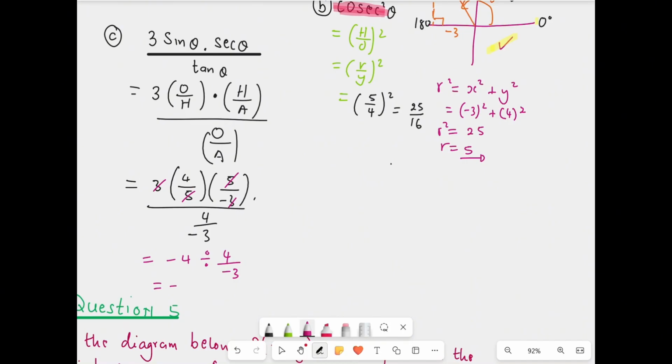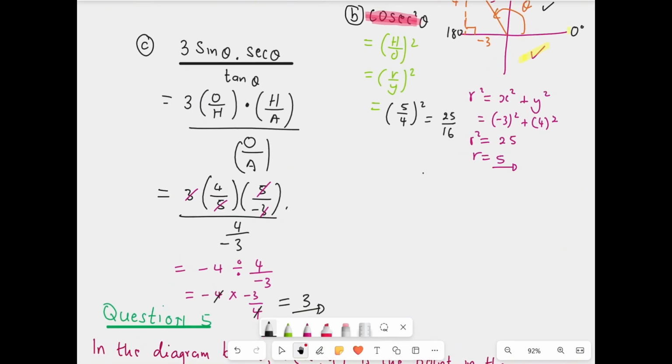So this is equal to -4 times -3 over 4. Now you can see that 4 and 4 will divide, and then -1 multiplied by -3. So the answer here is positive. It is +3. So the answer is +3.